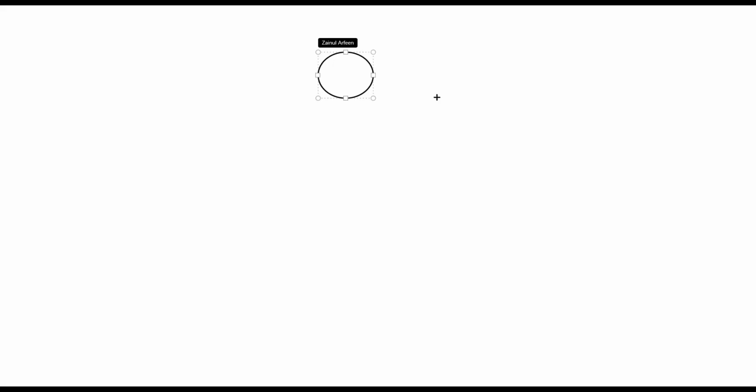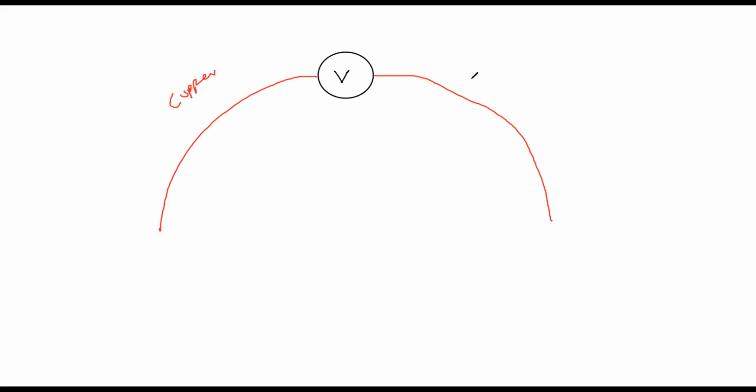I will give you time to take the screenshot because I'm explaining the same idea. So you can take a screenshot from this one as well. For example, this one is copper. This one is also copper. And here I use iron.